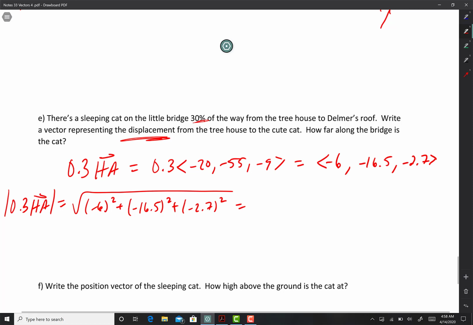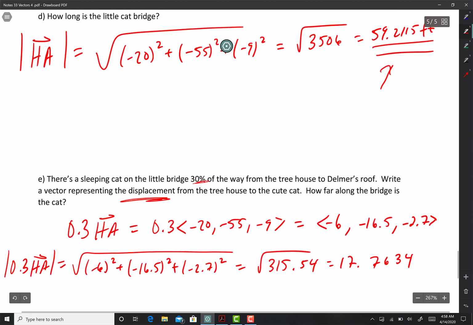So 6 squared plus 16.5 squared plus 2.7 squared, I get the square root of 315.54. And the square root of that number is 17.7634.